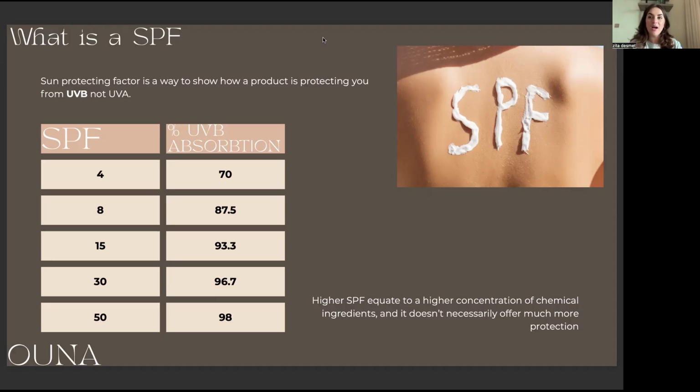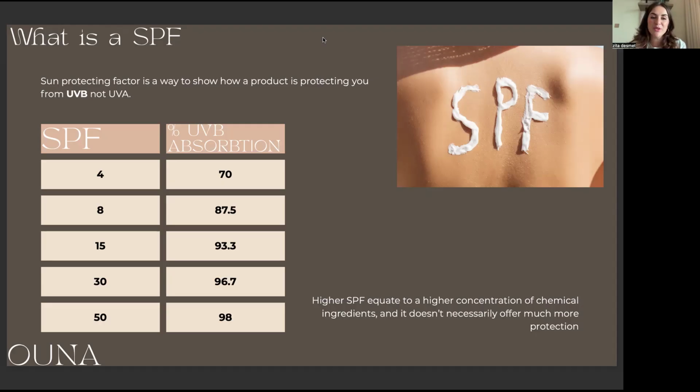This will help choose which sunscreen would be better for you. So if you burn very fast, it's maybe better to apply a 30, as this will protect you a little bit better. However, every sunscreen you need to apply well and more often.